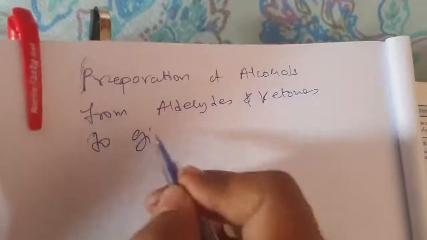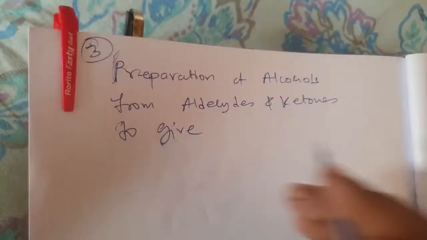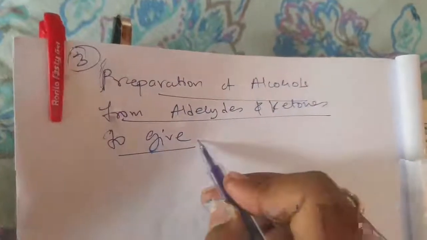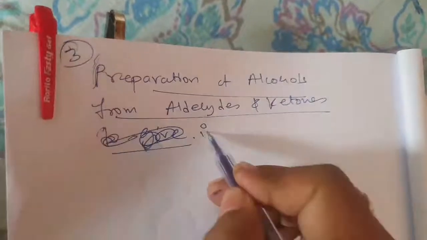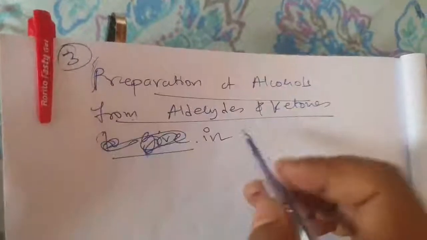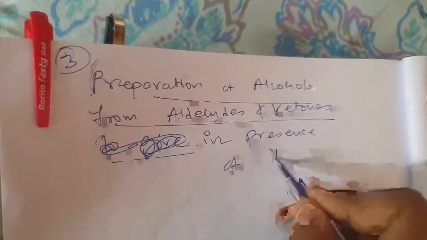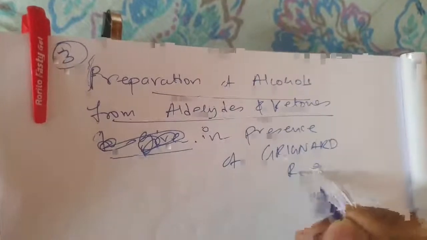This is the third method: aldehydes and ketones give alcohols in the presence of a Grignard reagent.